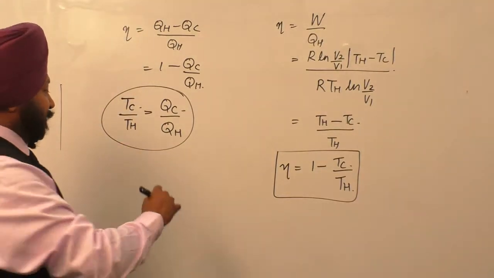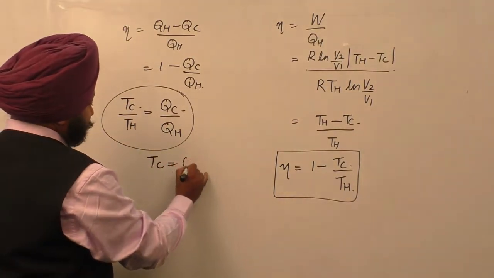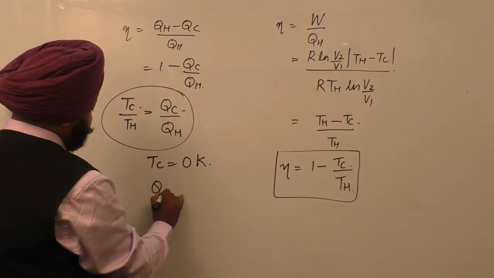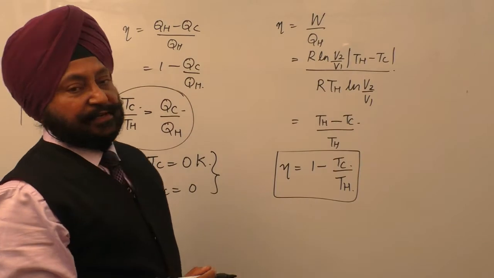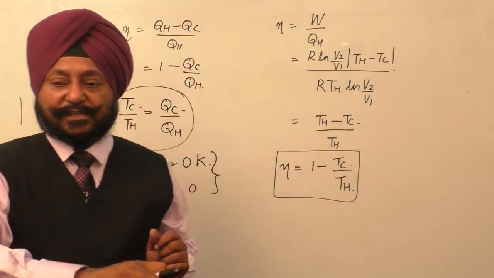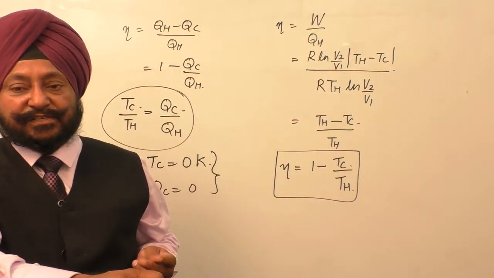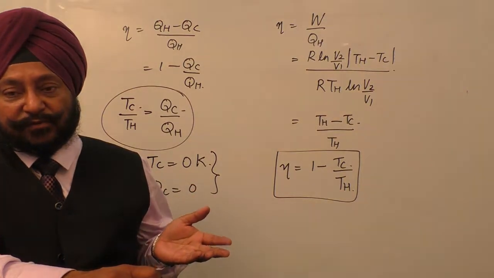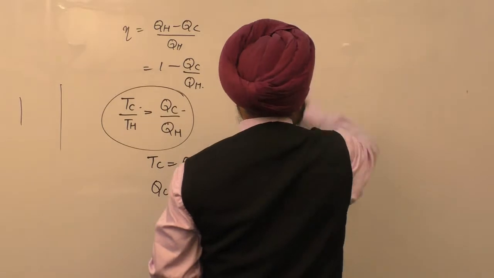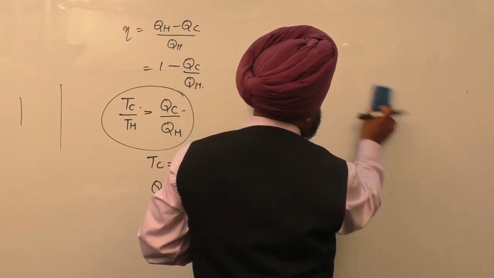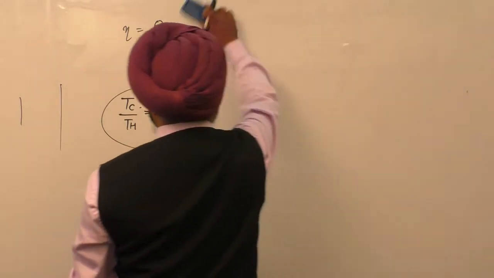Moreover, the efficiency would be 100% if TC is equal to 0 Kelvin, or if QC is equal to 0. Both of these are practically forbidden by the second law of thermodynamics. So we cannot have 100% efficiency for any type of engine. If two engines work between the same two temperatures, the Carnot engine's efficiency is more because it's an ideal heat engine.